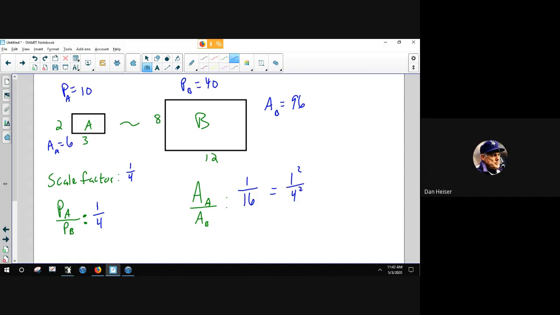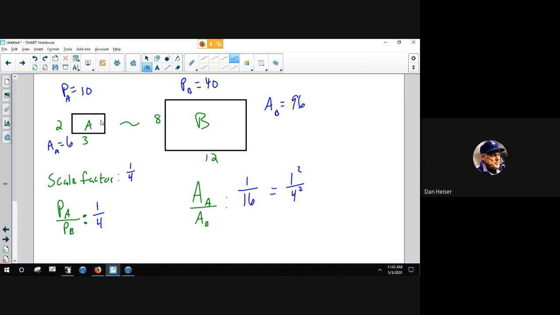And that sort of makes sense because when we calculate area, we are taking one dimension multiplied by another dimension. So if the ratio of this dimension is 1/4 and the ratio of this dimension is 1/4, the area ratio should be 1/4 times 1/4. It should be that scale factor squared.